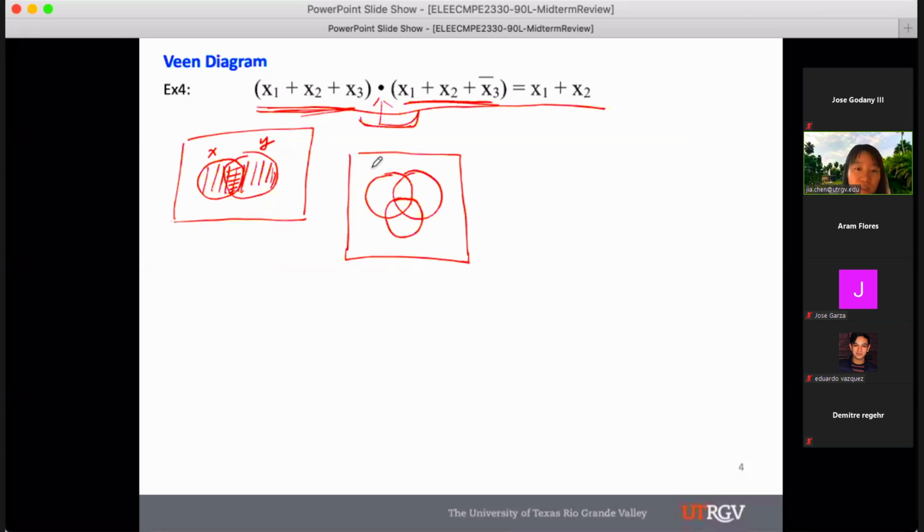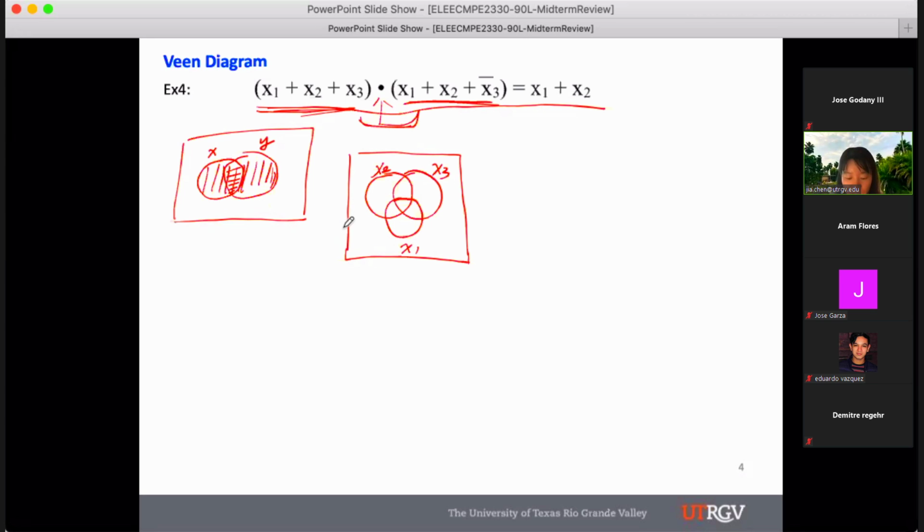Let's say I'm used to putting x1, x2, x3 here. But for example, if I don't, it's very flexible. You can put x2, x3, and x1. This is totally fine, so you can put them wherever you want. But the key is to make sure they are all partially overlapped.